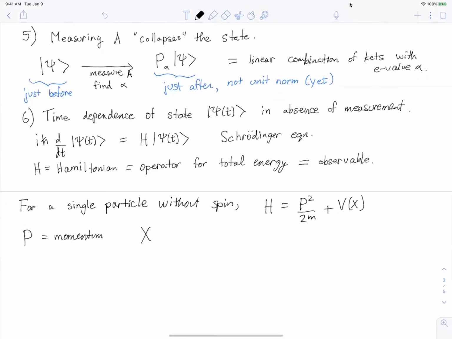As we've done before, capital X is the position. And the potential that our particle is reacting to is capital V of X. So it's an operator that's a function of an operator.